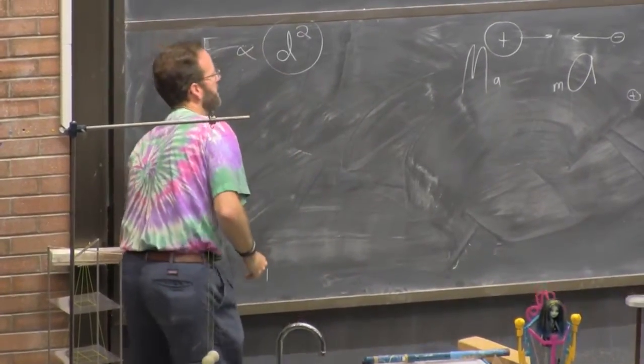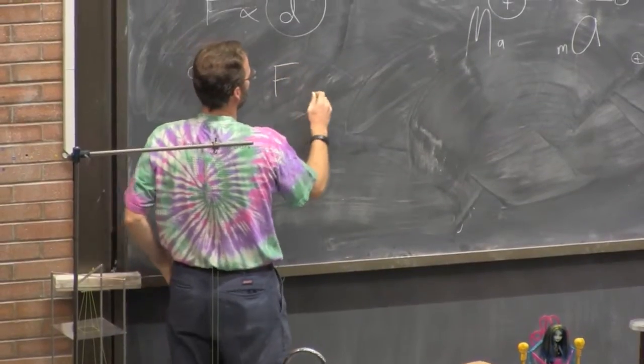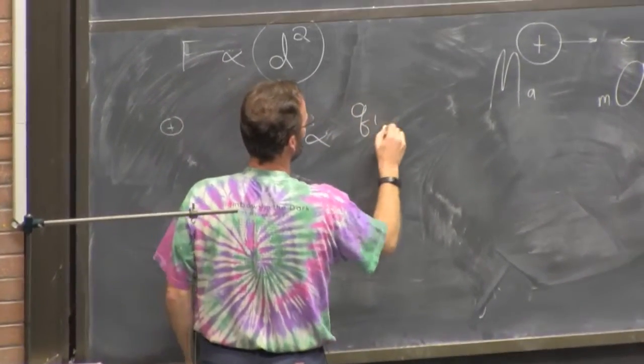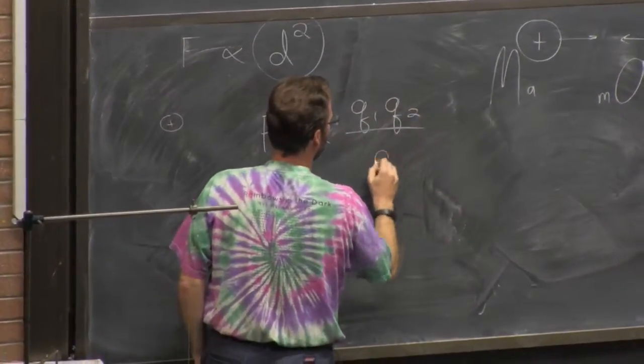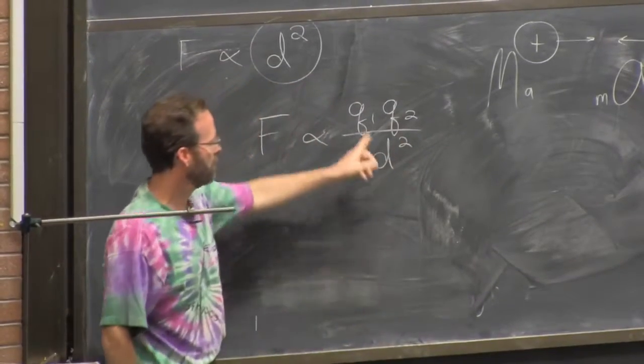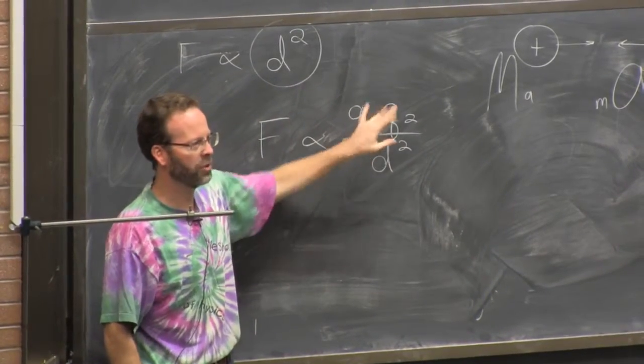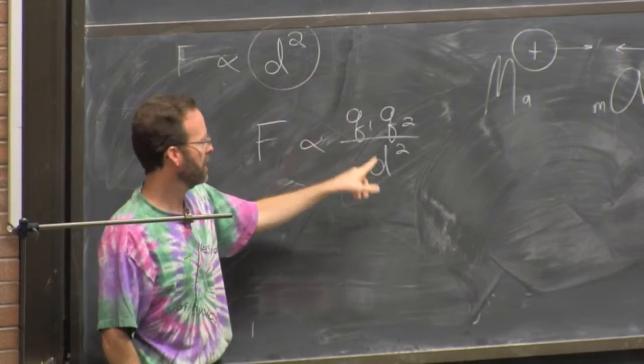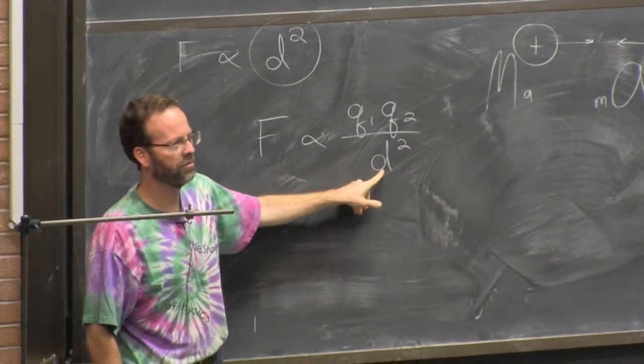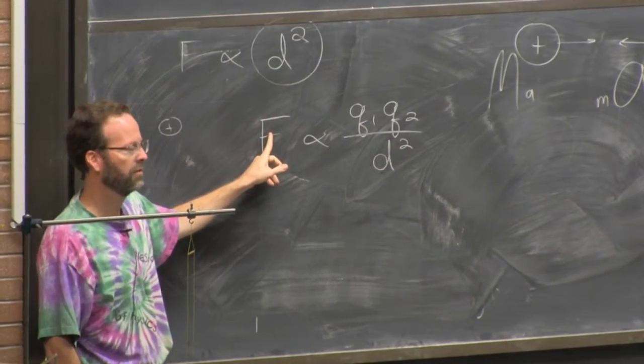The force is proportional to Q1 times Q2 over d squared. It's directly proportional to the charges. As those are bigger, the force is bigger. But as the distance increases, the force decreases.